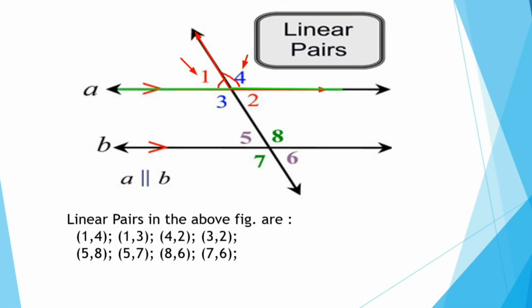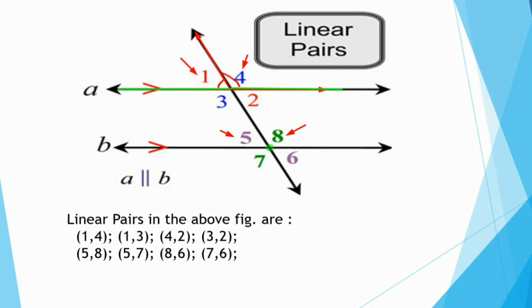So here the linear pairs in the given figure are, in brackets, written as a pair. So 1, 4 means 1 and 4 are forming a linear pair. Then 1 and 3, 4 and 2, 3 and 2. And at this other point of intersection we have 5 and 8 forming a linear pair.